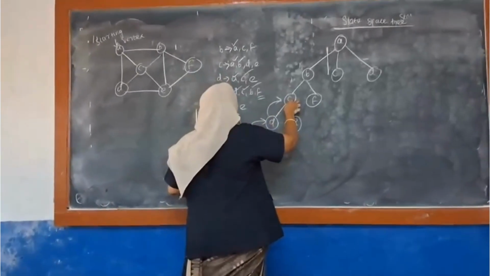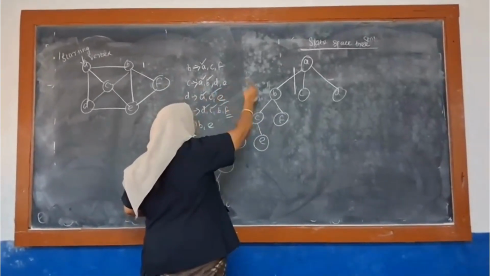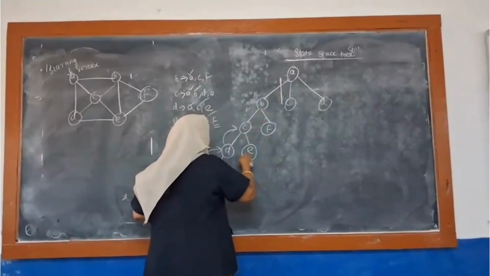Who are the neighbors of C? A, B, D, E. A is there, B is there, E is there. Who is not there?